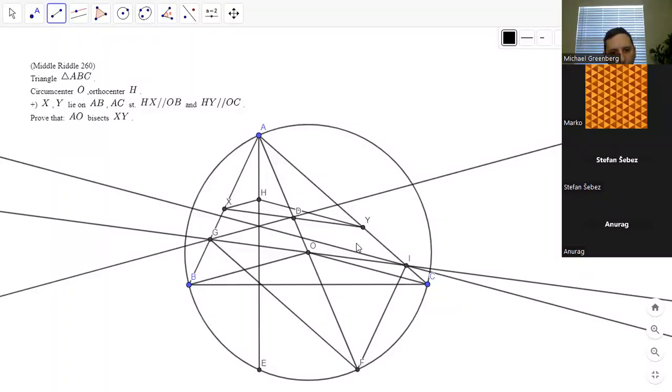Well, maybe because we have triangle GEI, and then we have A, and the point at infinity on OC, and the point at infinity on OB.